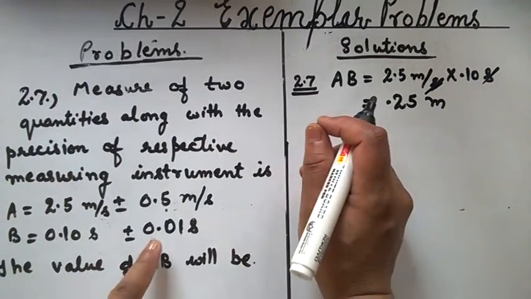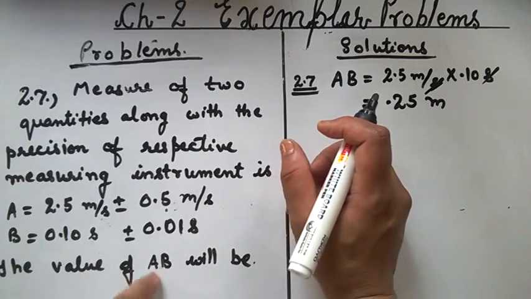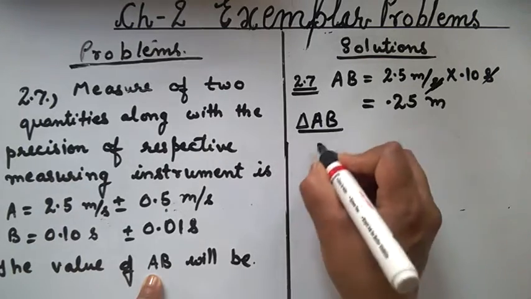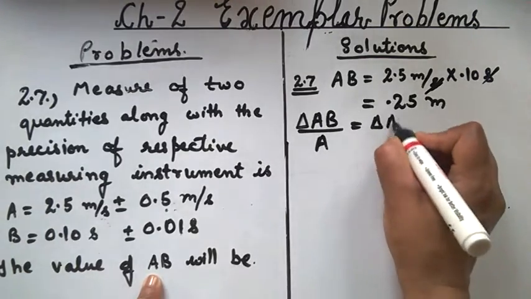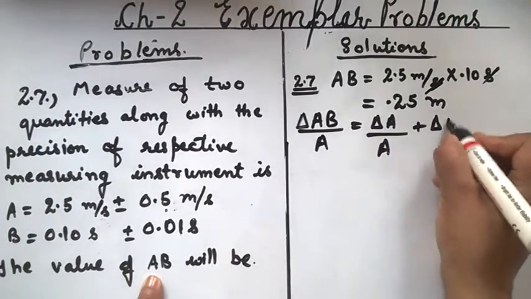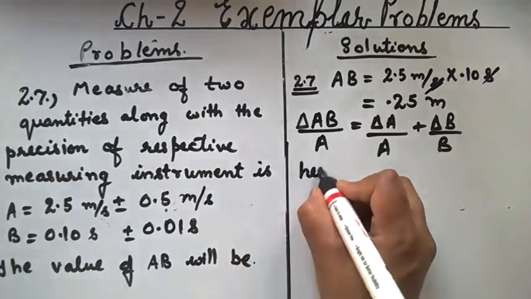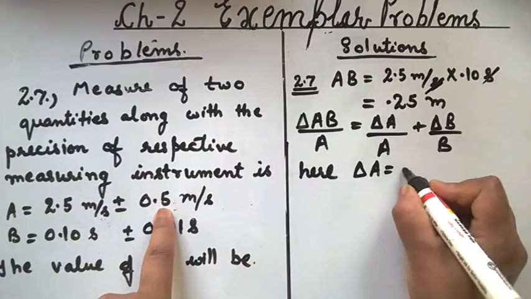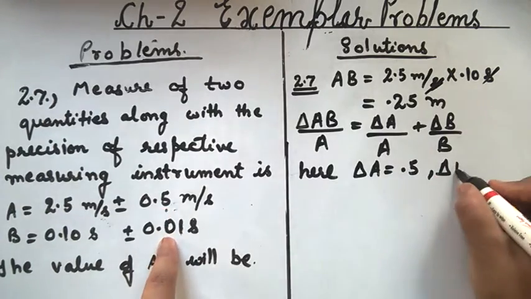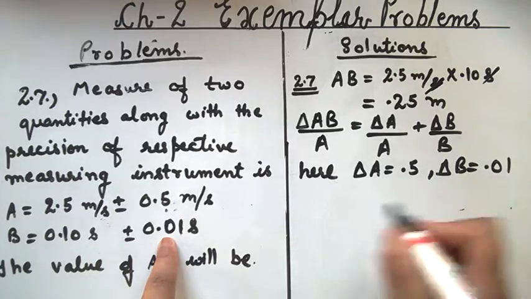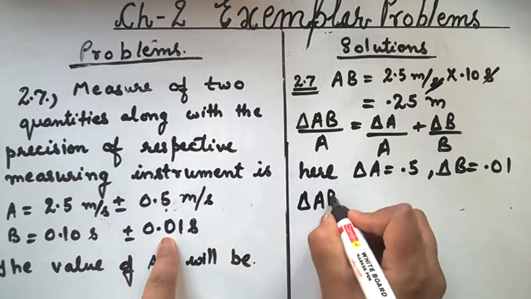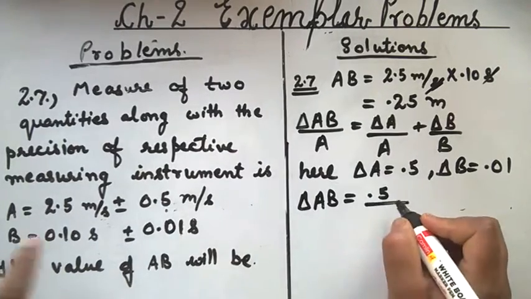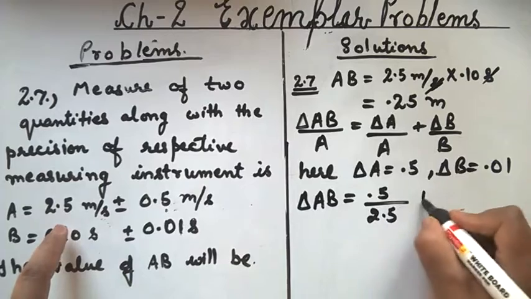Now the error in AB is given as delta AB by AB equal to delta A by A plus delta B by B. Here delta A is given in the question, that is 0.5, and delta B is 0.01. Therefore, delta AB is equal to 0.5 by 2.5 plus 0.01 by 0.10, into AB, that is 0.25 meter.